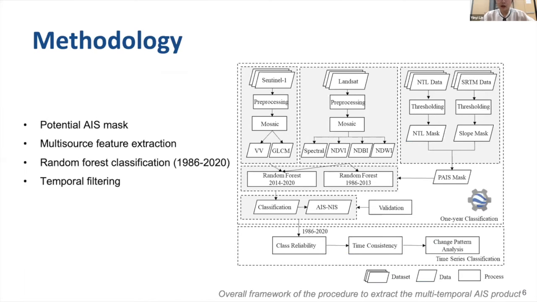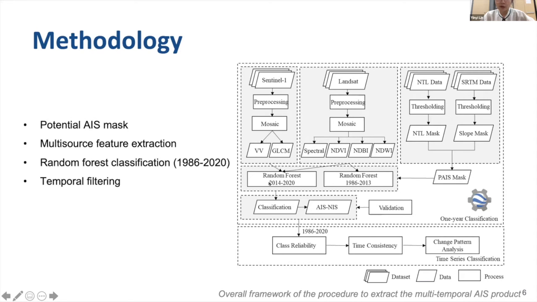Here shows our overall framework. We performed our analysis on the Google Earth Engine platform. First, we use the night time light data and the SRTM slope data to generate the potential AIS area. And then in this area, in the period of 1986 to 2013, we used the Landsat data, including its spectral features and the vegetation index.